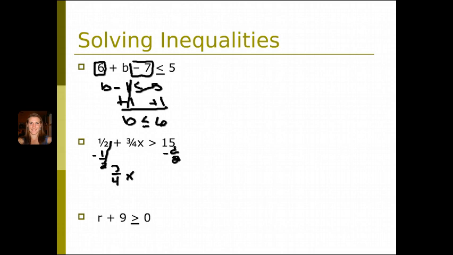Our sign comes down. And when you say 15 minus 1/2 in your graphing calculator and then hit math and enter 2 times, you're going to get 29 over 2. To solve for x, we must multiply both sides by the reciprocal. So 4 over 3.